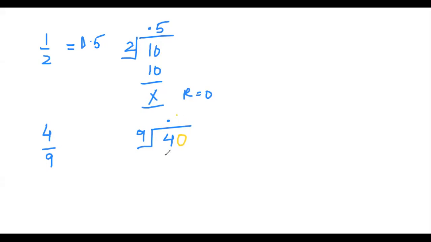So what can be written here? 9 fours are 36. Correct. So 36, again I get remainder 4. Again, I will put a 0, again I will put a 4, 36. Again I get a remainder 4. It's recurring. Yes, correct. So it's basically a recurring decimal.